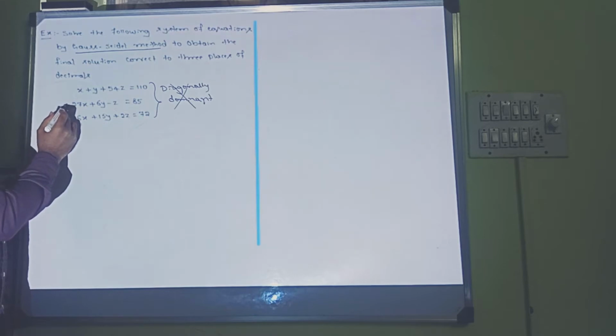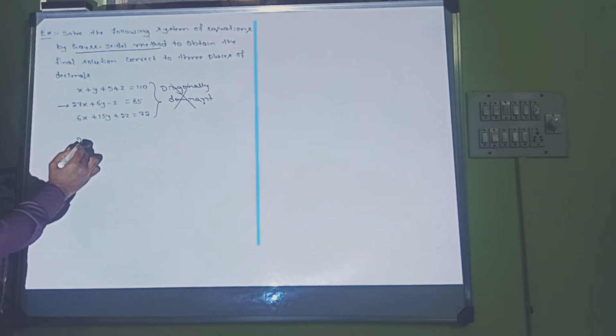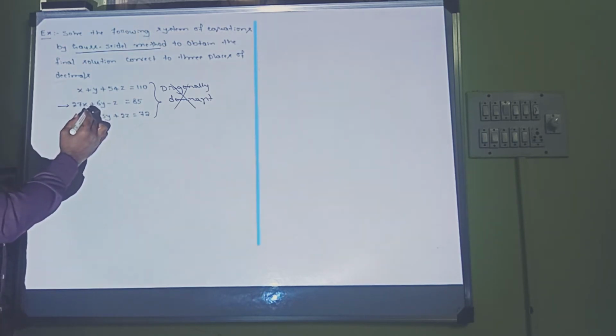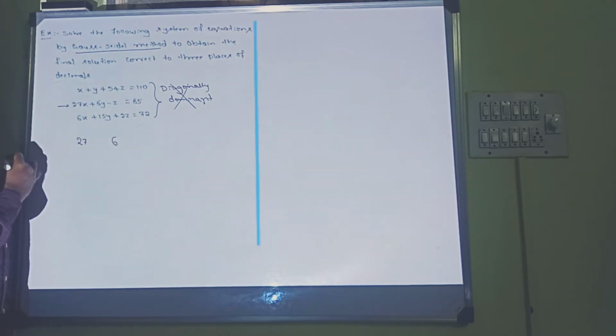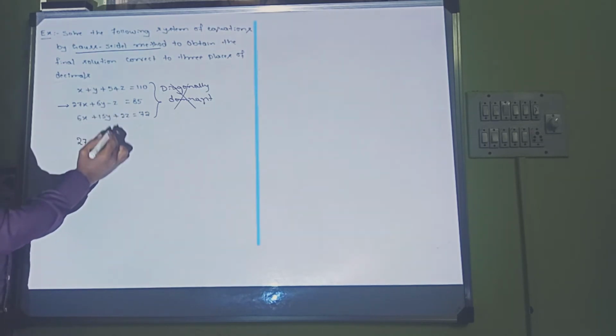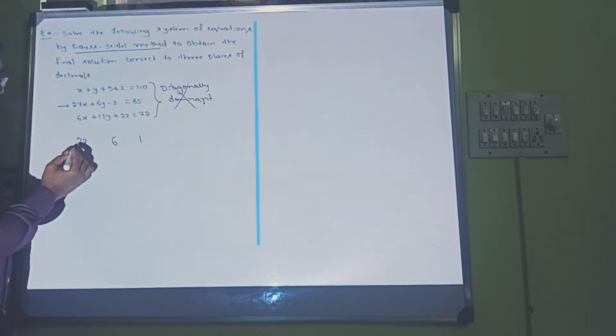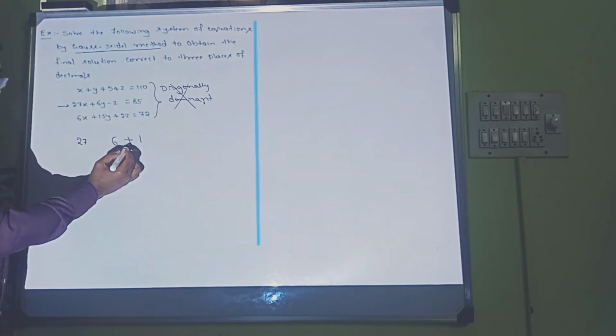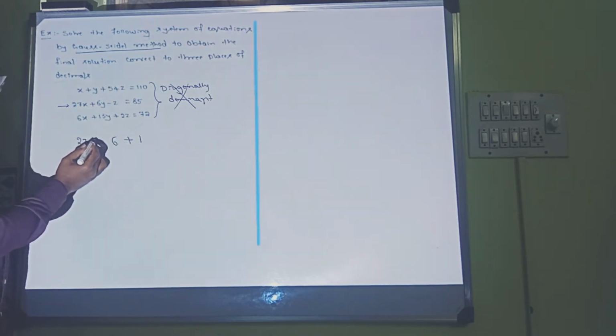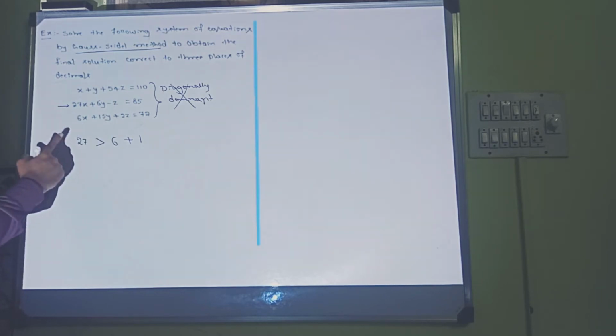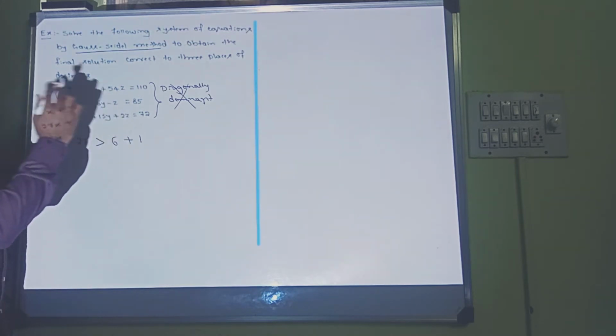See, when you look at this equation, the absolute value of 27 is 27, the absolute value of 6 is 6, and the absolute value of minus 1 is 1. Now for sure, even if you add these two, still 27 is more. So this equation has to be in the first place.